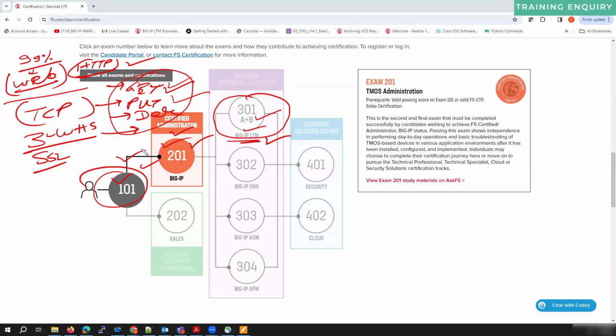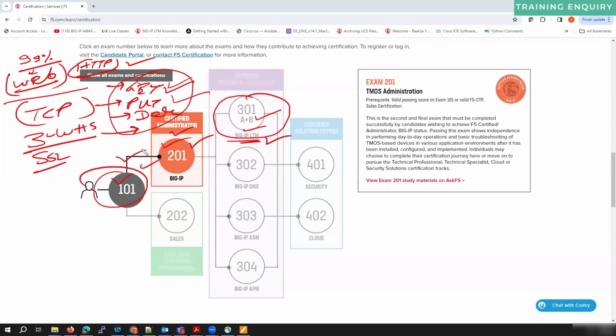So let me tell you, BIG-IP is your reverse full proxy. It can work as a reverse full proxy. Obviously, it is a reverse proxy, no doubt about that. But whether it is working as a half proxy or full proxy depends upon how you have deployed it. Sometimes you'll be deploying it in DSR mode.